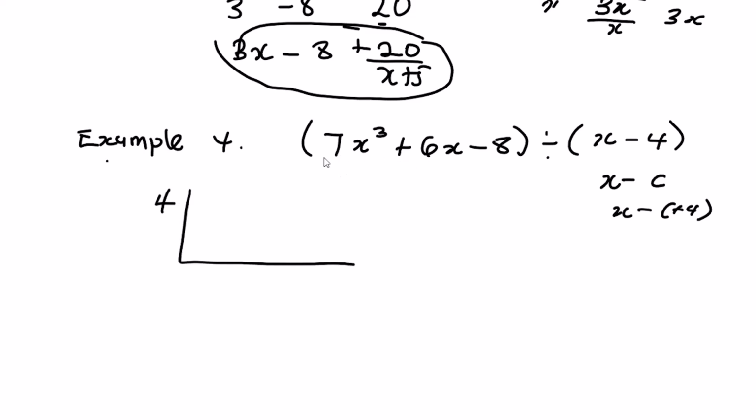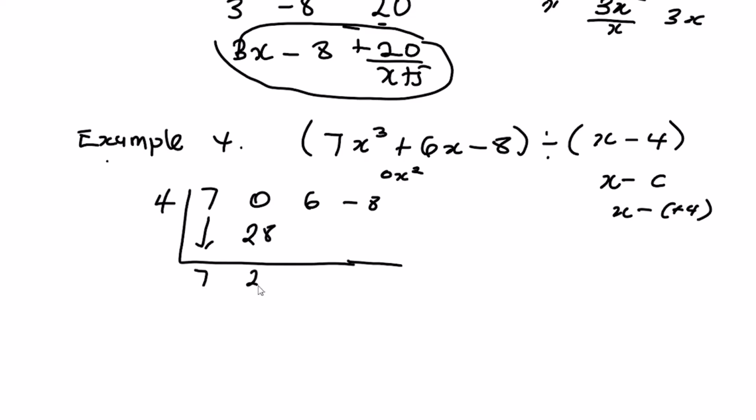Then our coefficients here, we have the first one being 7. Second one, you see the missing term here should have given 0x squared. So the next one should be 0, followed by 6, then negative 8. So you bring down the first coefficient, you multiply by this, you get 28.